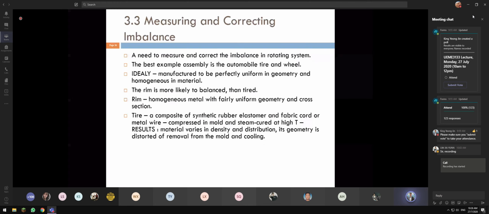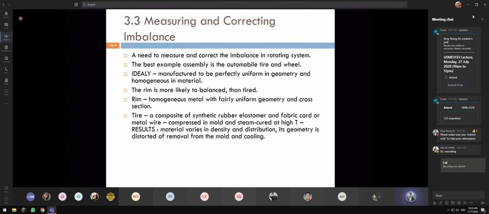So, just to recap, for static balancing we normally only need one balance mass. That's why we only need the force equation. But for dynamic balancing, because there is a moment issue, we normally will need two balance masses, at two different planes, to solve the problem.